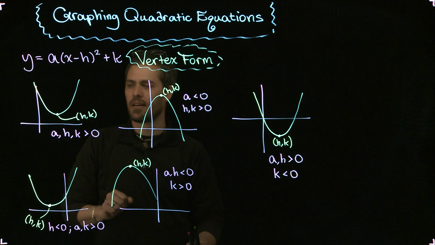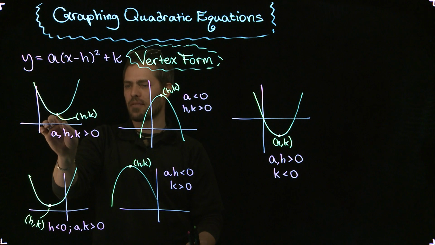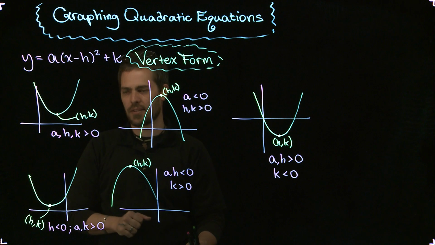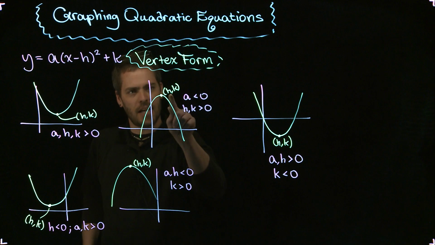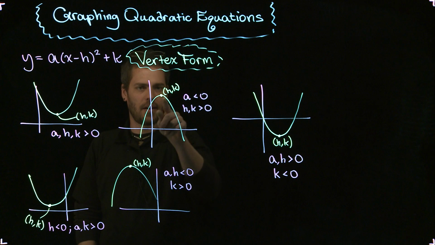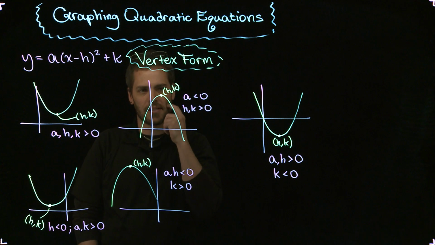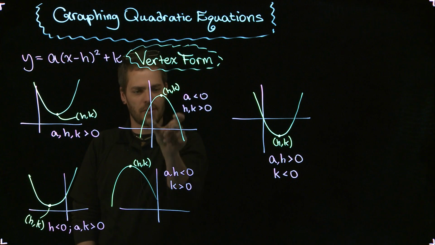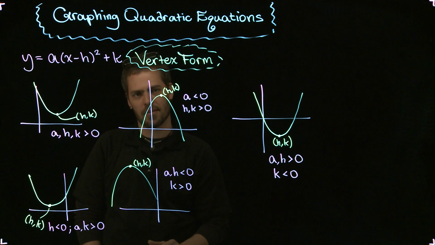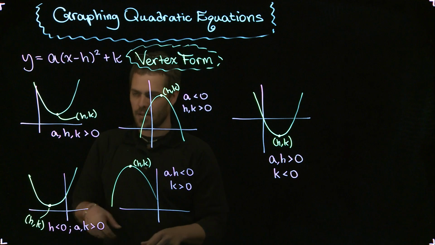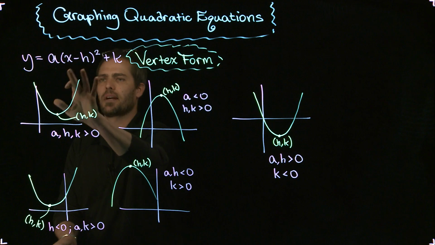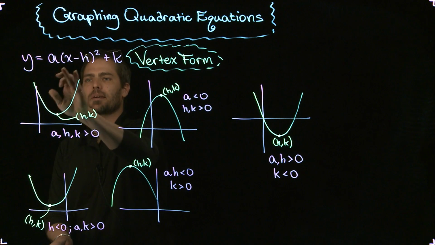If you look at the one just to the right of that, h is still positive, so we locate that vertex at h, k, both being positive, and this time a is negative, so we have a downward curve, or a sad face. If a is negative, we have a sad face. And that makes kind of sense emotionally too, right? Negative, sad, something like that.